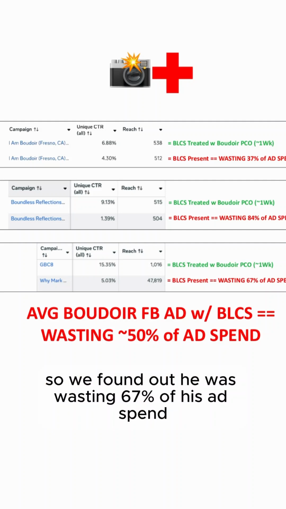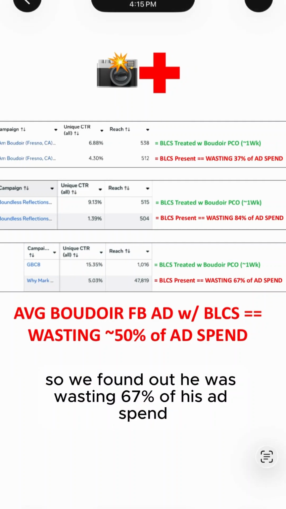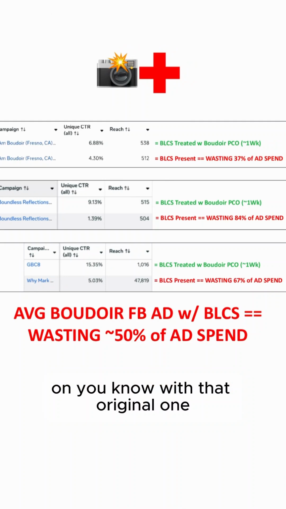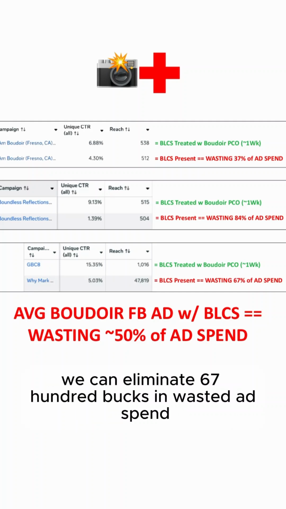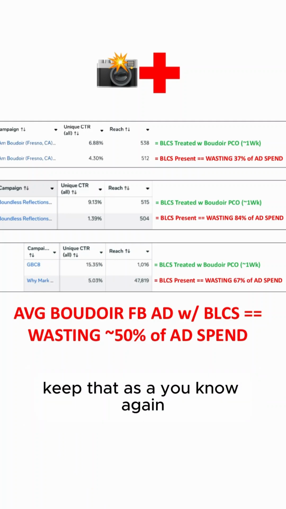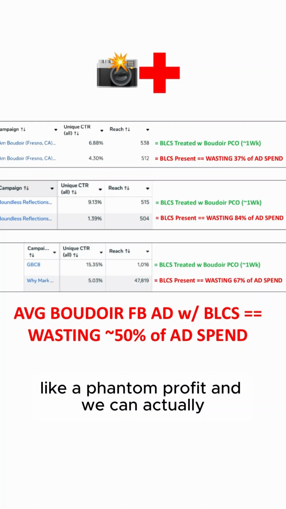So we found out he was wasting 67% of his ad spend with that original one. So now we can eliminate, if you spend 10 grand a month on Boudoir Facebook ads, 6,700 bucks in wasted ad spend, keep that as, again, like a phantom profit.